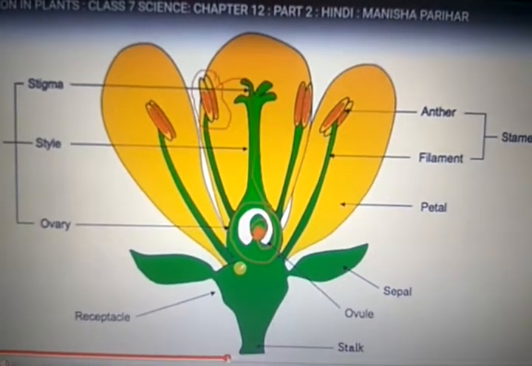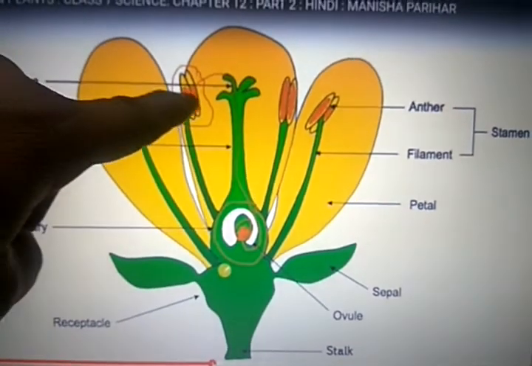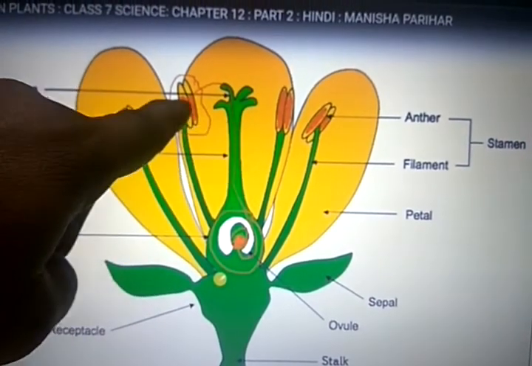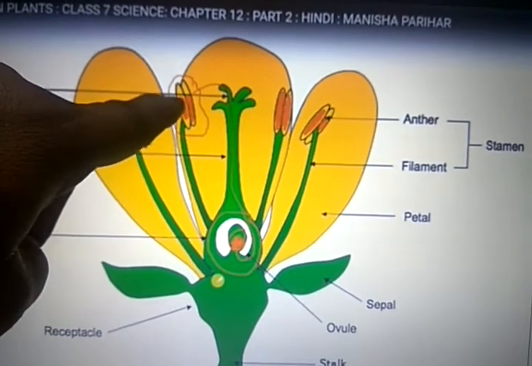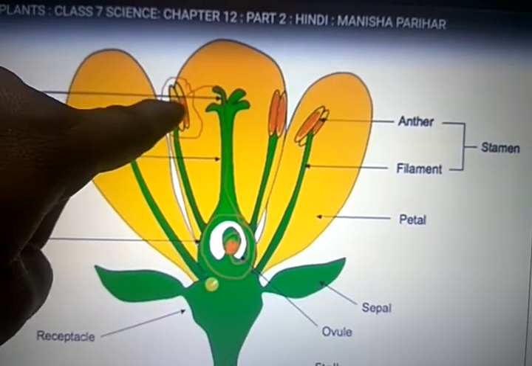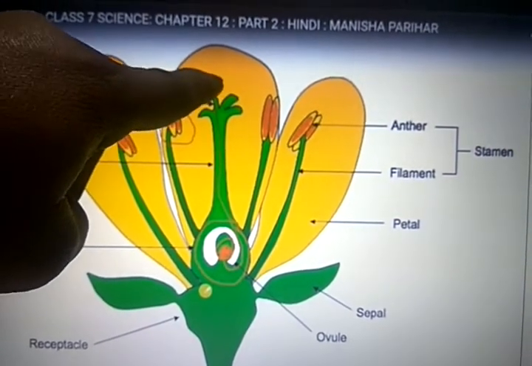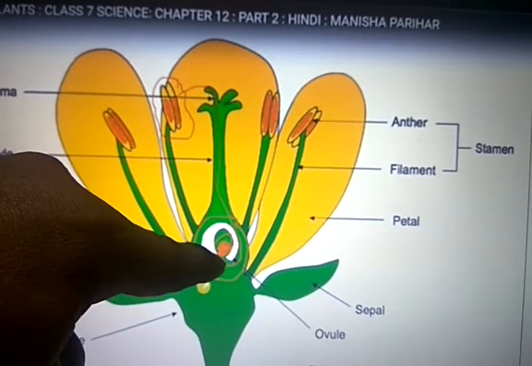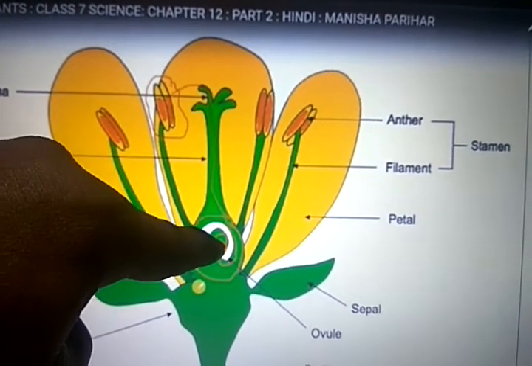Here you can see this is an anther, which is a male part. This anther goes into the pistil part and meets with the ovules.